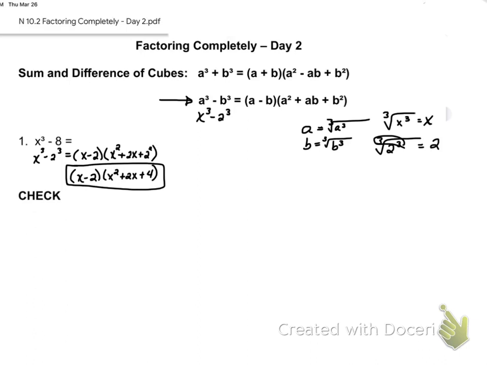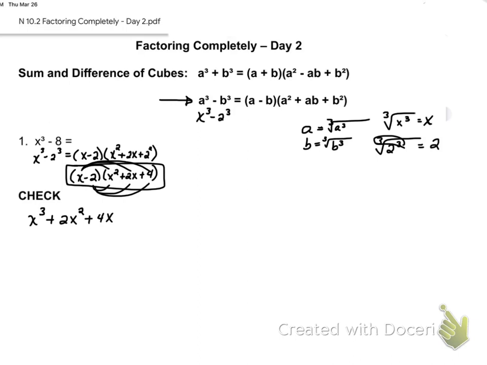So the first thing we're going to do is take this x, and multiply it by each one of the three things in that second set of parentheses.